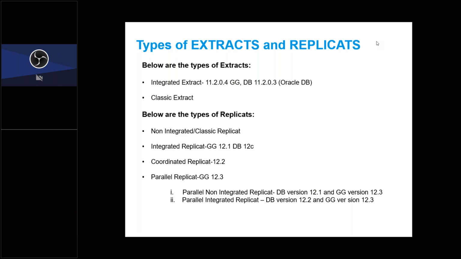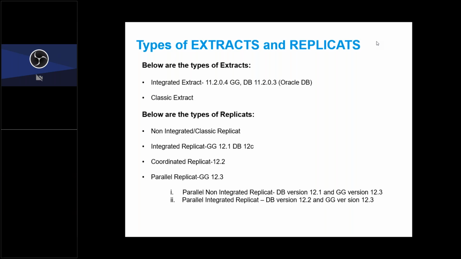So the different types of extracts are integrated extract and classic extract. Different types of replicates are non-integrated replicate, integrated replicate, coordinated replicate, and parallel replicate. And again in parallel, you have two types of replicates, parallel non-integrated and parallel integrated replicate.